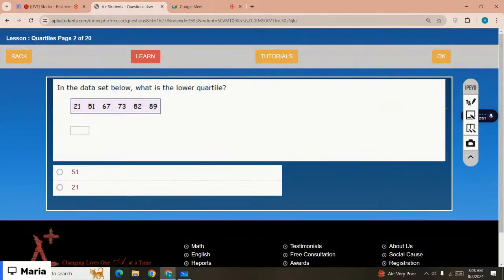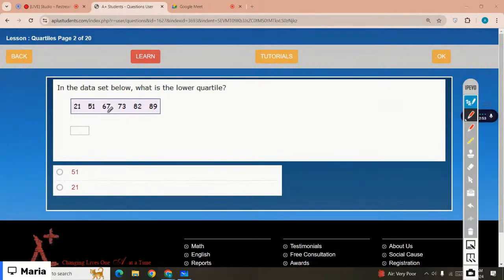So divide the data into two exactly equal groups and then find the median of the lower half, that is 51. Option number one is the correct option, right?